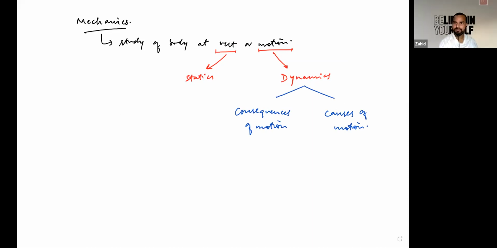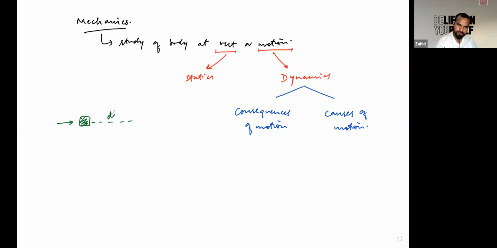Let me define what these two different terms mean. Suppose you have a body and you have applied some external force, work done, momentum, so that this body will move along this direction to cover some distance, displacement, speed, velocity, acceleration.